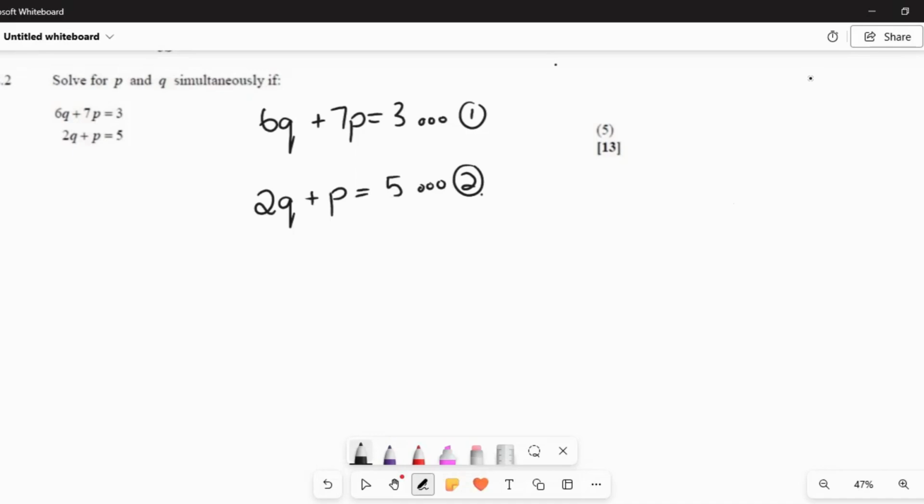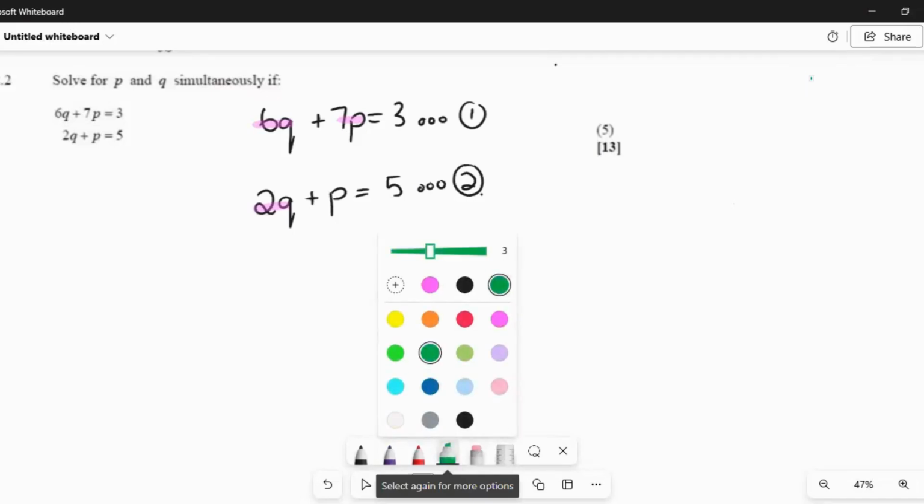Now we have to create a third equation. We create that by looking at a variable that has a coefficient of 1. So in this case, the coefficient of q here is 6, the coefficient of p here is 7, the coefficient here of q is 2, and lastly, the coefficient of p is 1.